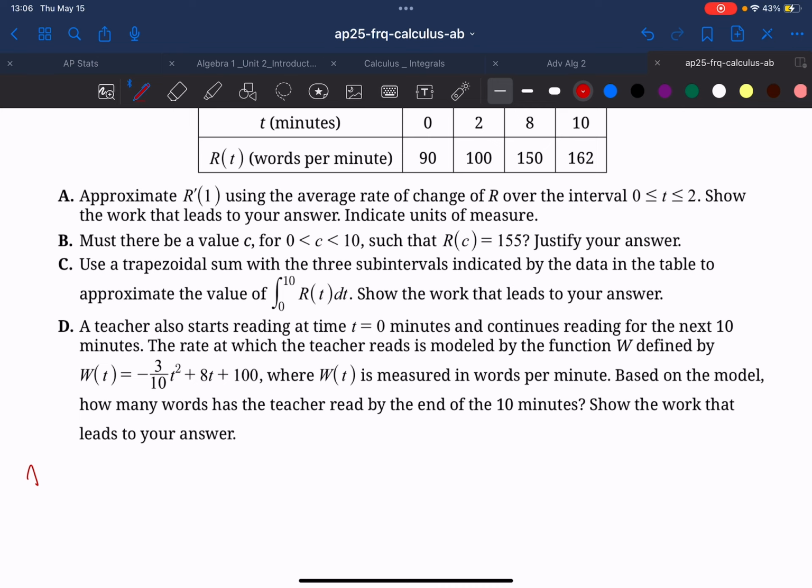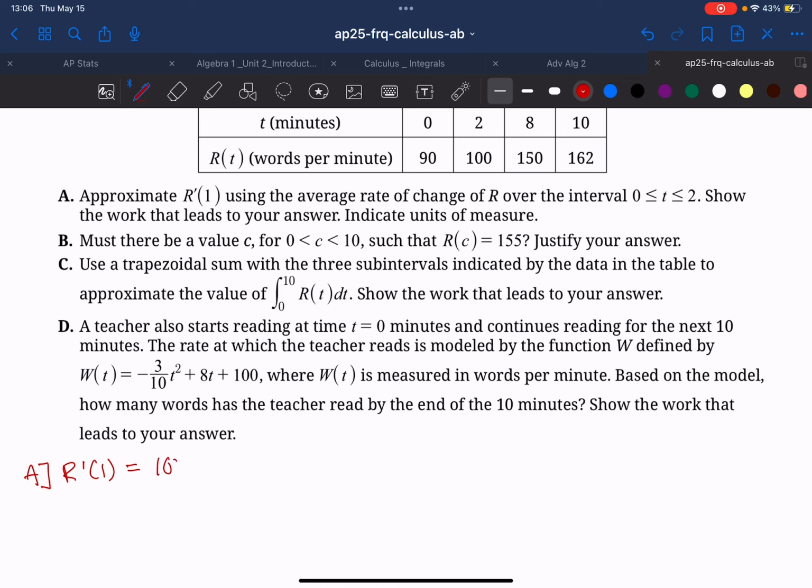Okay, so starting with A, I need to find r prime of 1, and using the average rate of change, I'm going to take my two values in my table for r of t, subtract them, and then divide by the two values in the table for t, subtracted.